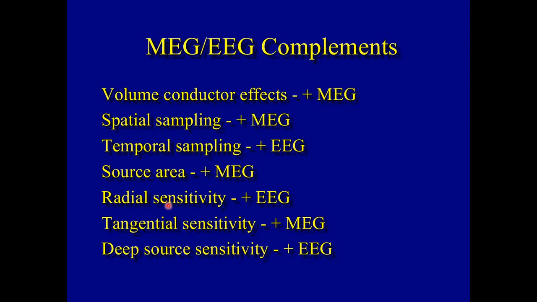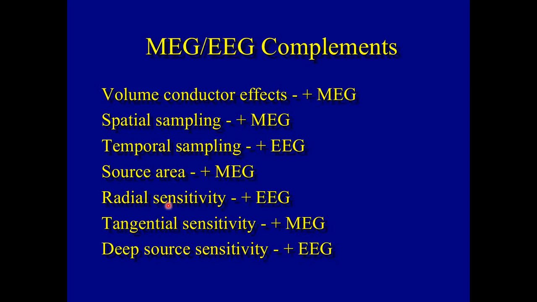Now, you probably get the feeling, and you're absolutely correct by now, that the two, MEG and EEG, are very complementary. This is very important. Let's just look at the various strengths and how they sort out. MEG is certainly superior relative to the volume conductor effects in that it's not affected by the volume conductor, that is the skull and the scalp. MEG has superior spatial sampling, hundreds.